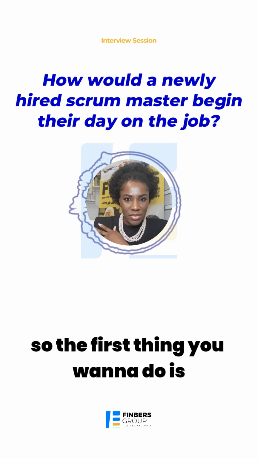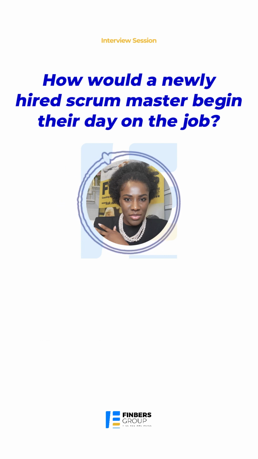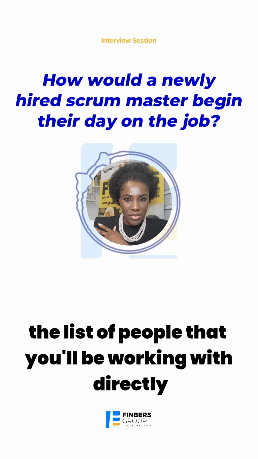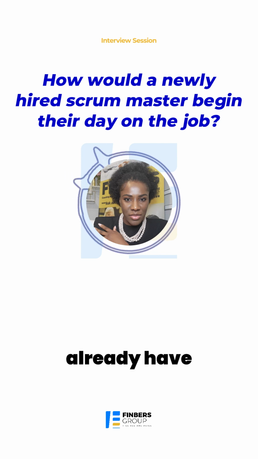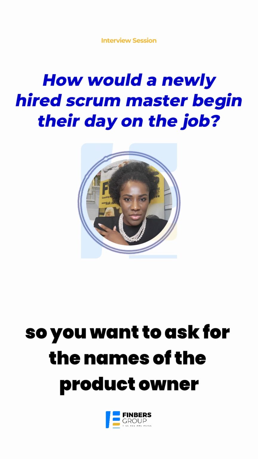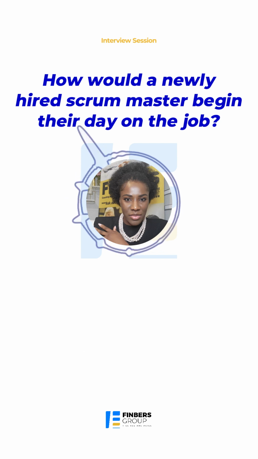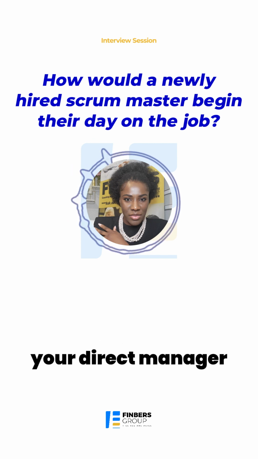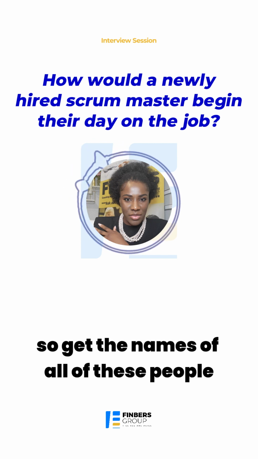Whoever you meet with first, ask that person to give you the list of people that you'll be working with directly. They already have the teams that they want to place you with, so ask for the names of the product owner, product manager, the tech lead of those teams, the Scrum Master manager if there is one, and your direct manager. Get the names of all of these people.